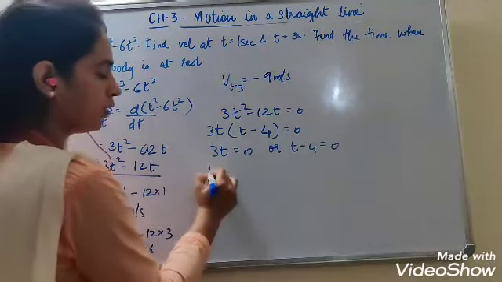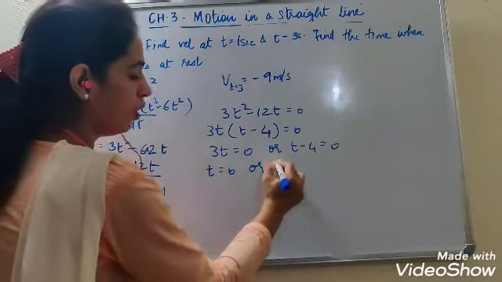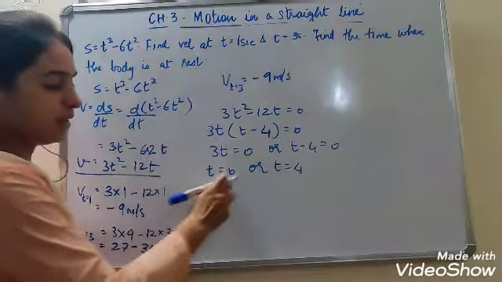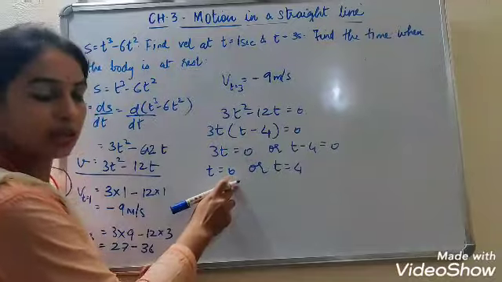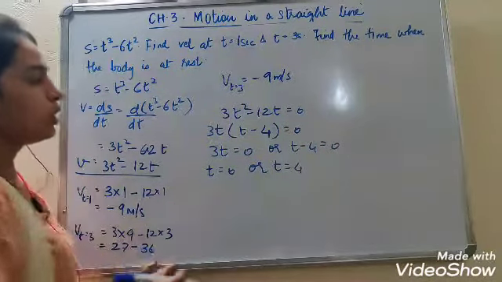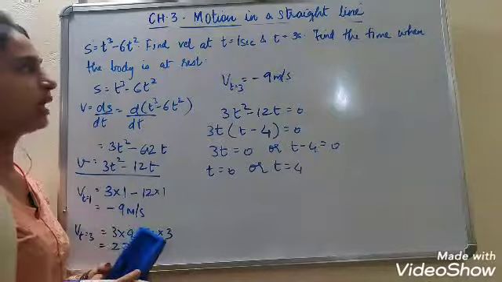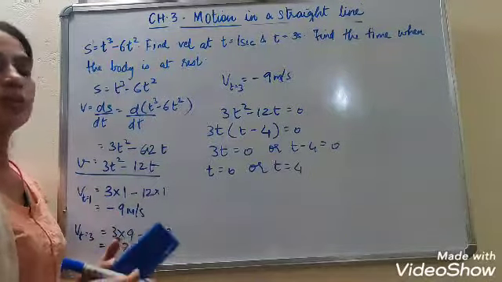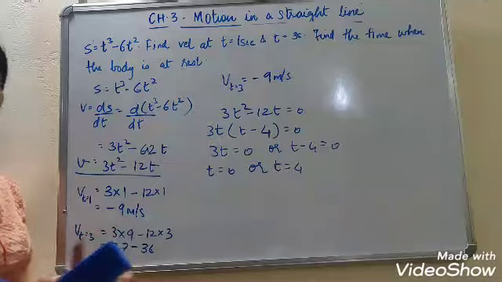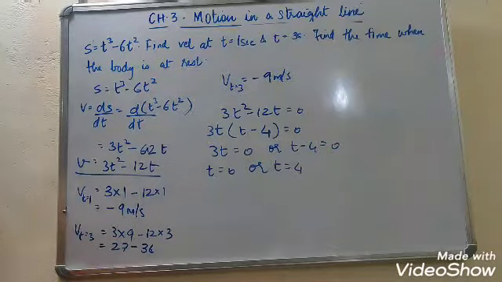So 3t equals 0, that means t equals 0, or t equals 4. So either the body is at rest at t equals 0 seconds or at t equals 4 seconds. Okay, so this is how we can find the instantaneous velocity, the average velocity, and when the body is at rest. Let's take one more question.